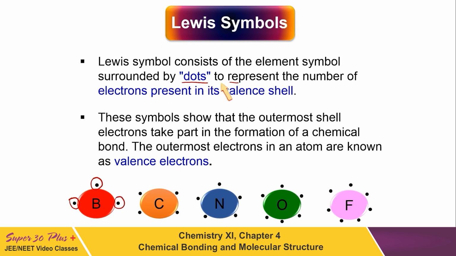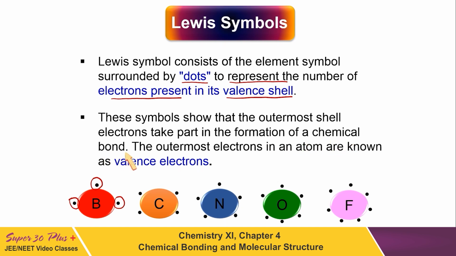Students, these dots represent the number of electrons present in the valence shell, meaning the outer shell. So these symbols show that the outermost shell electrons take part in the formation of a chemical bond.